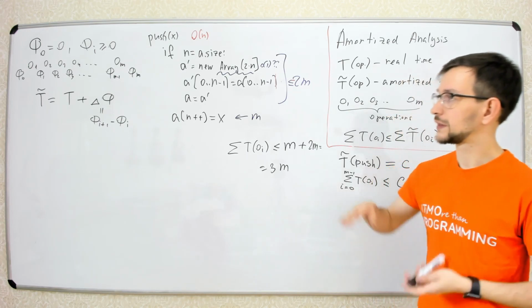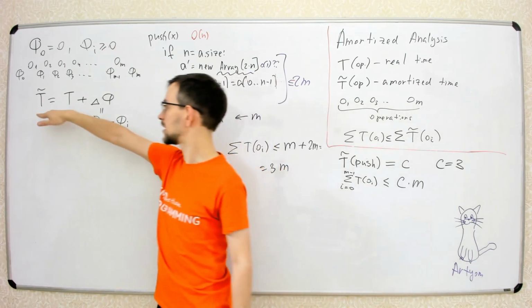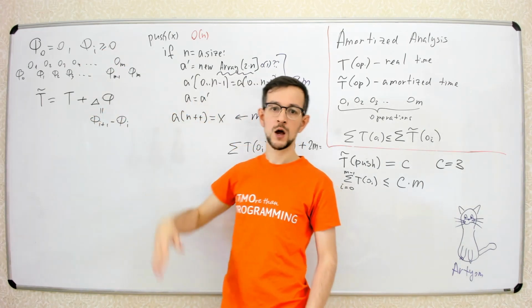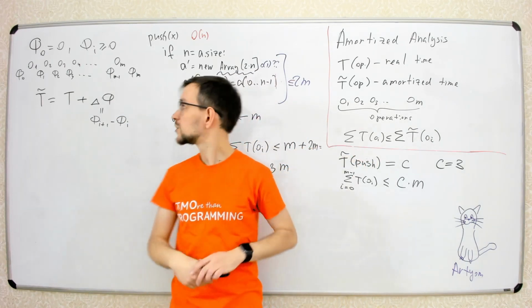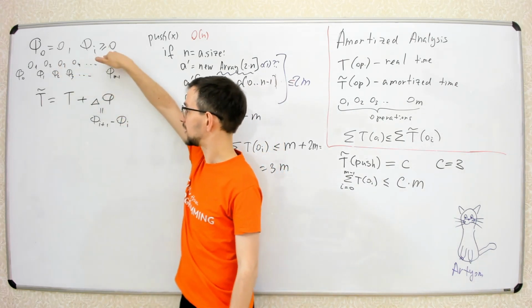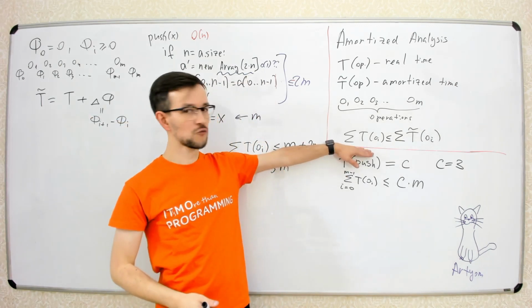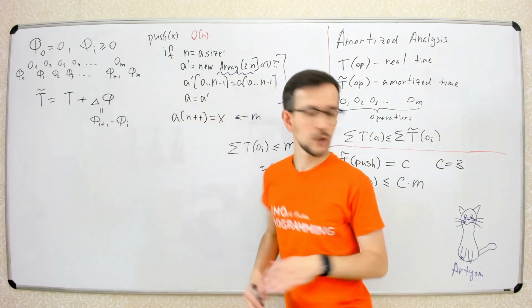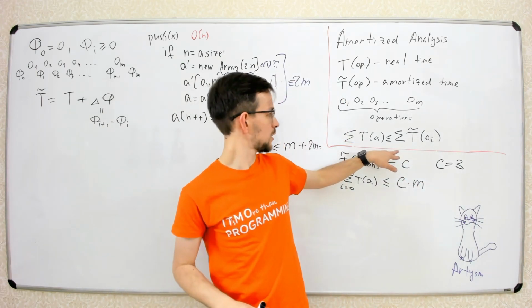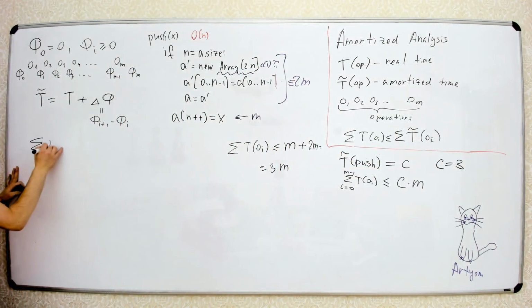Now let's prove that if we have this potential function and we define the amortized cost using this formula, we will get the correct amortized cost of the operation. If you fix the potential and use the amortized cost like that, you don't need to prove this inequality separately, because it will be satisfied. Why? Let's go back to this inequality. What is the sum of the amortized costs of all operations?